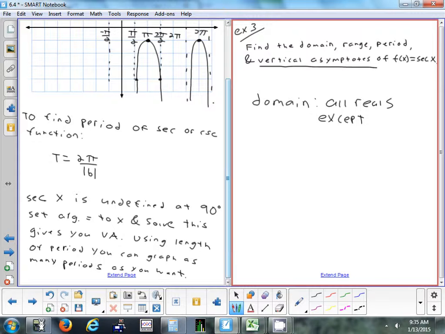So pick an asymptote, start there, and basically the way we'll say it is all reals except x, where x equals pi over 2. That's one value that doesn't work, or any integer multiple added to that.